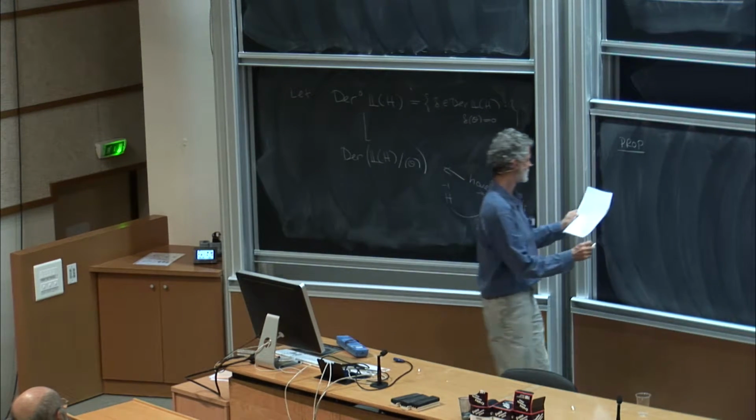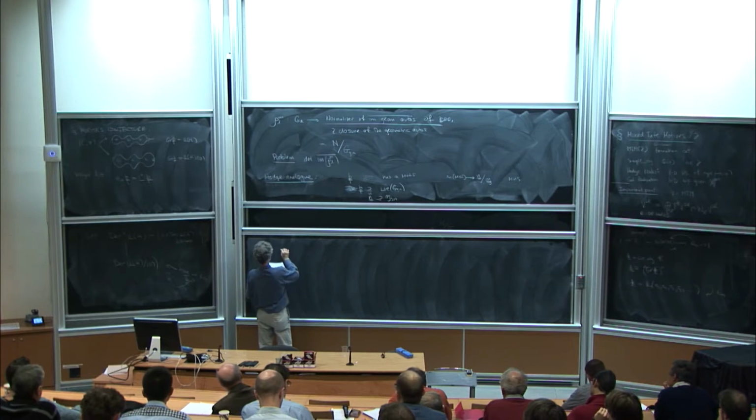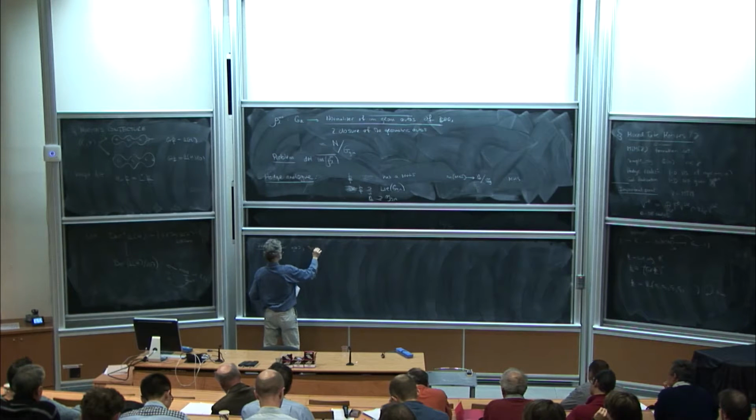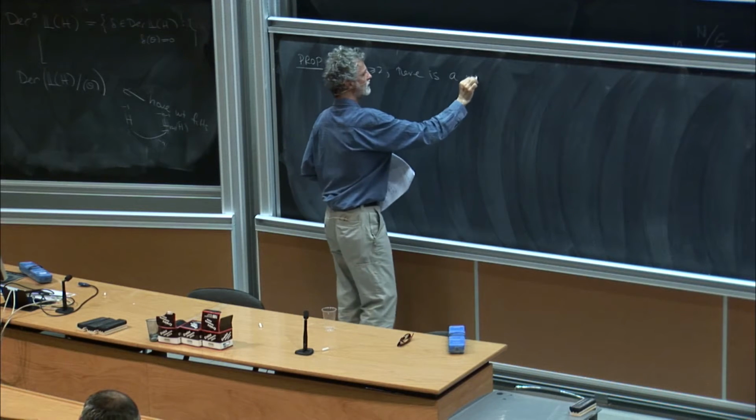Anyway, the proposition here is that for all g greater than or equal to 2, there is a unique copy of the representation S^{2n+1}H in Gr^W_{-2n-1} of the derivations, for both of these cases, for all n greater than or equal to 0.